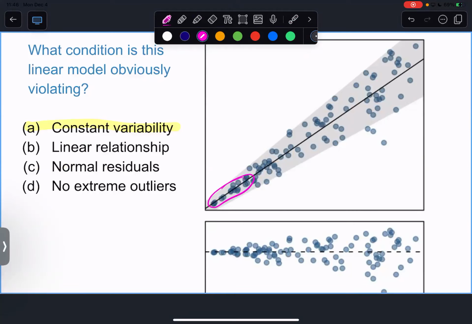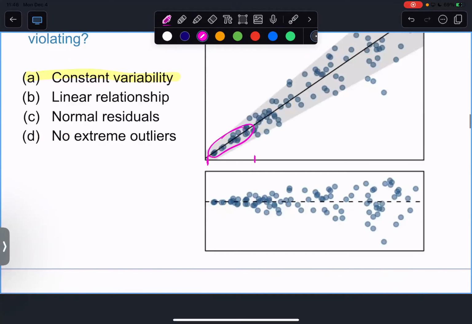And so for values of X in this range, it does an excellent job of predicting Y.